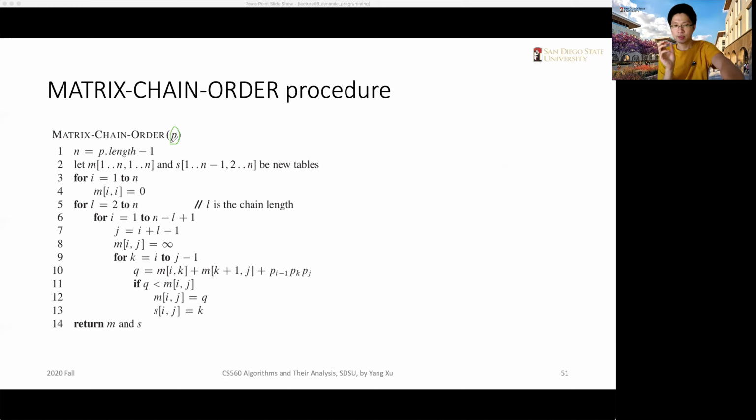It stores the dimension for A1, which is P0 and P1, right? And the dimension for A2, which is P1 and P2. Okay, so let's look at the procedure first quickly, okay?